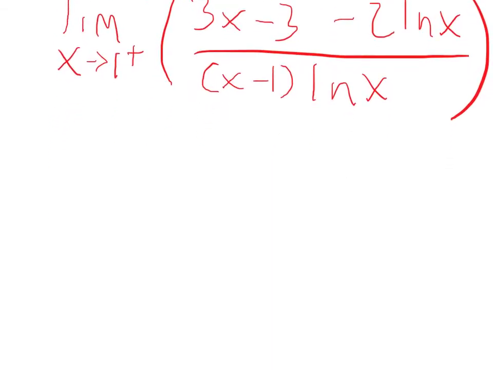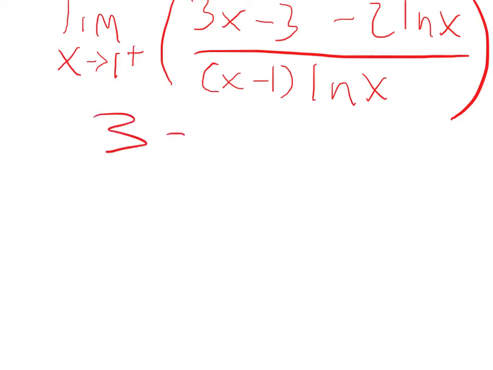And we're now going to take the derivative, because first we're going to show you that when you plug in 1 for this equation, you'll get 0 over 0. So if you plug in 1 for x, you get 3 minus 3.